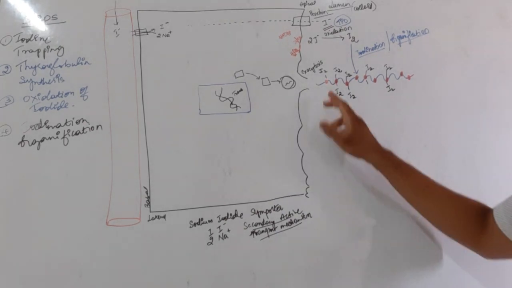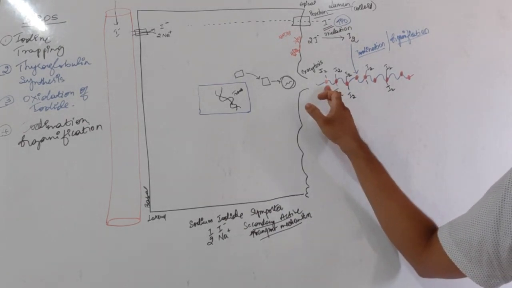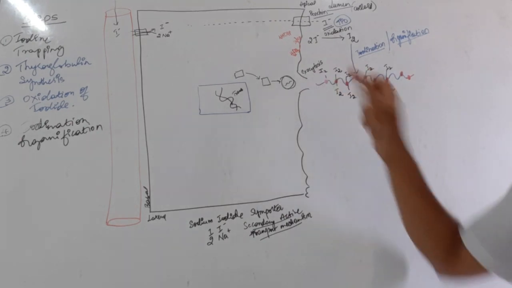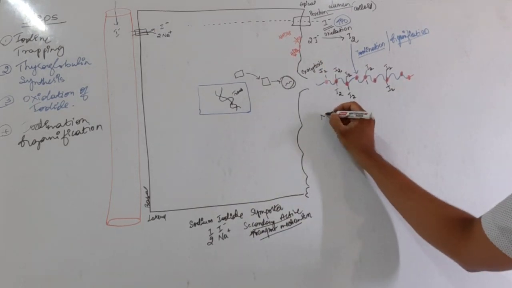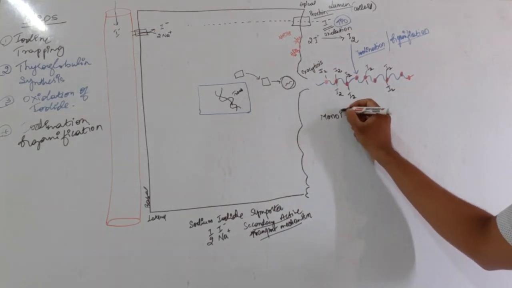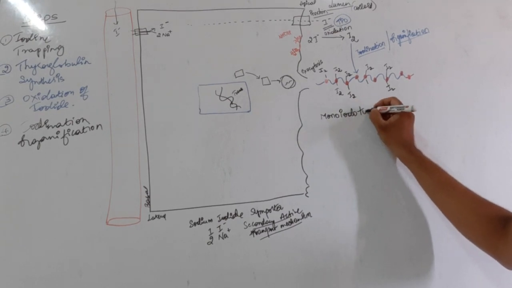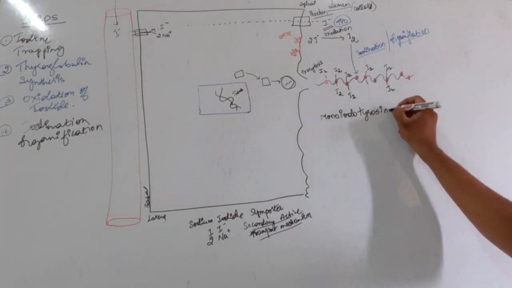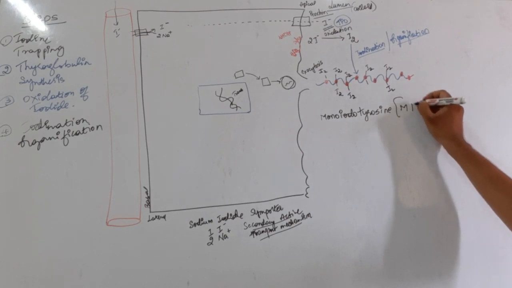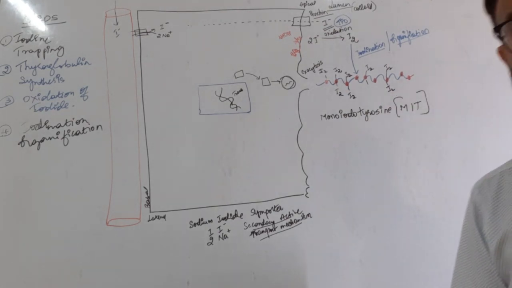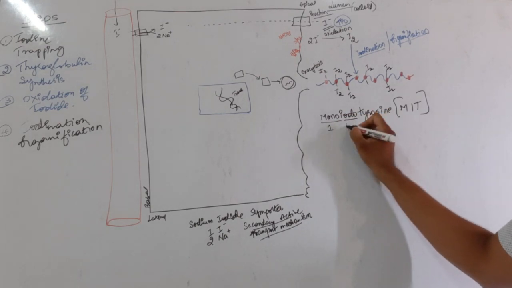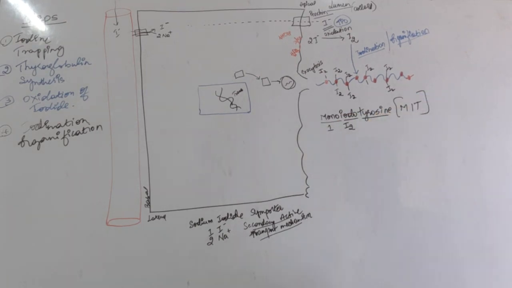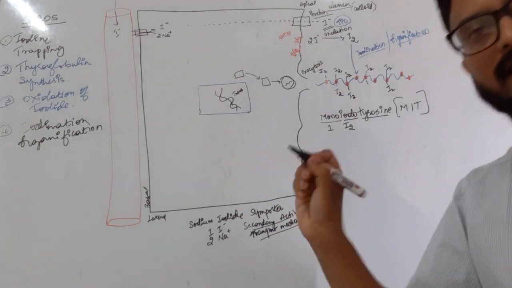Now, if a tyrosine residue is attached with 1 iodine, then it is referred to as monoiodotyrosine or MIT. Mono refers to 1, iodo refers to the iodine, tyrosine is the tyrosine residue on the thyroglobulin chain.